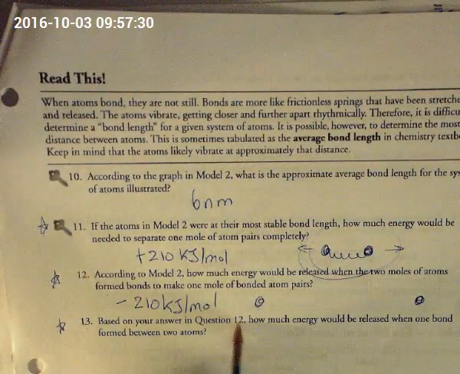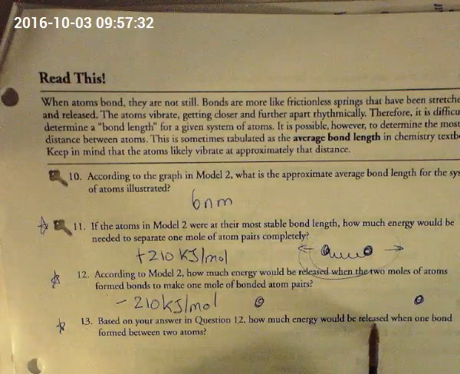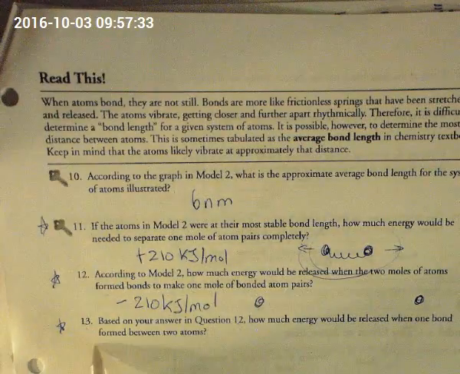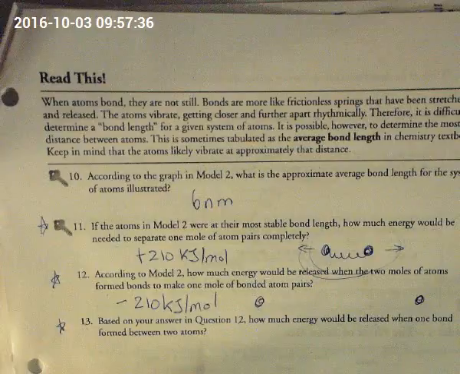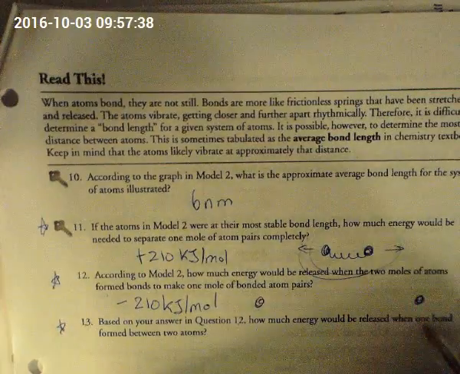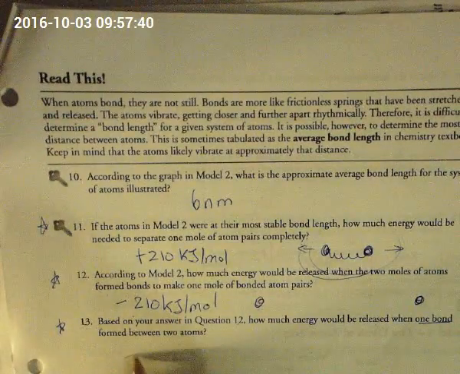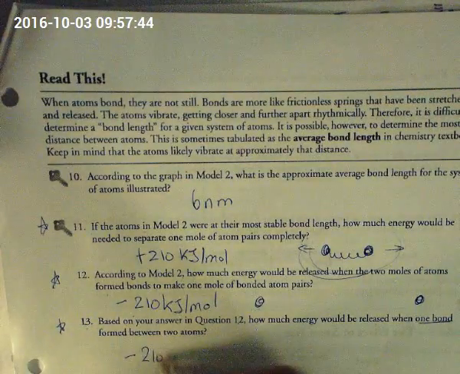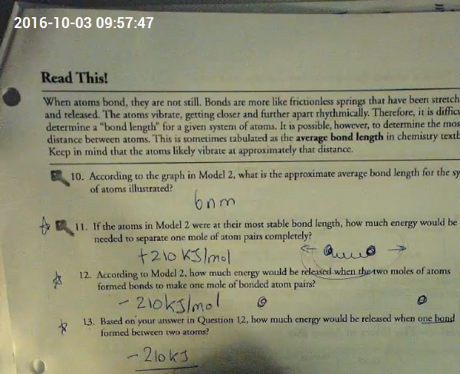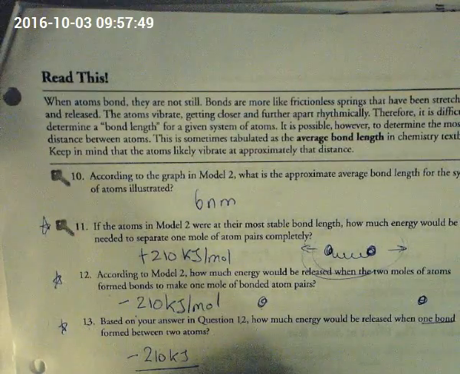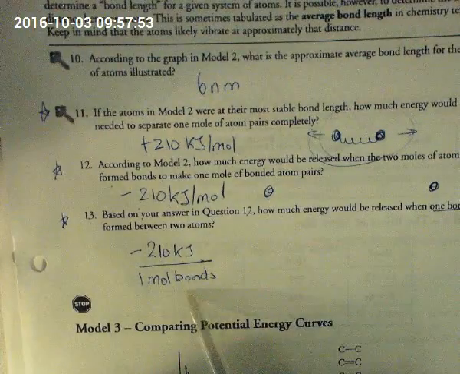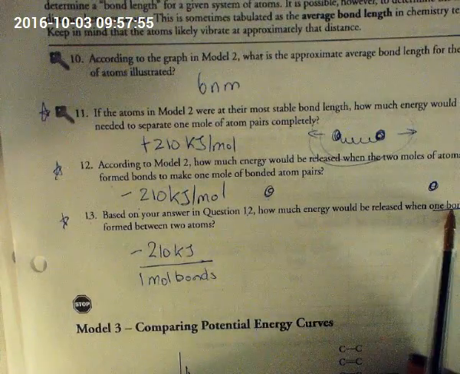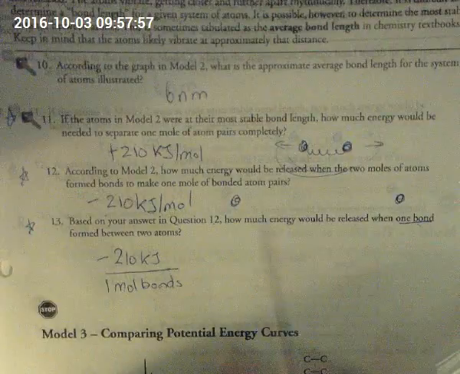Then question 13 asks, based on your answer to question 12, how much energy would be released when 1 bond formed between 2 atoms? So now this is in terms of kilojoules per mole, right? So it's 210 kilojoules for 1 mole of bonds. Are they asking about 1 mole of bonds? No, they're asking about 1 bond.